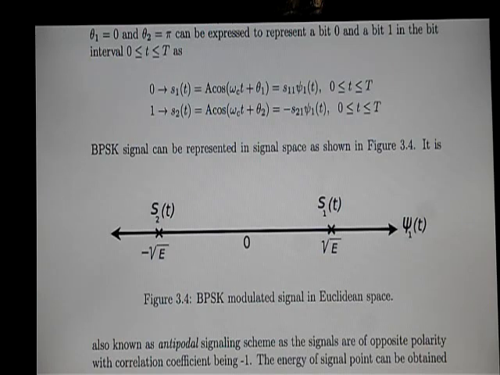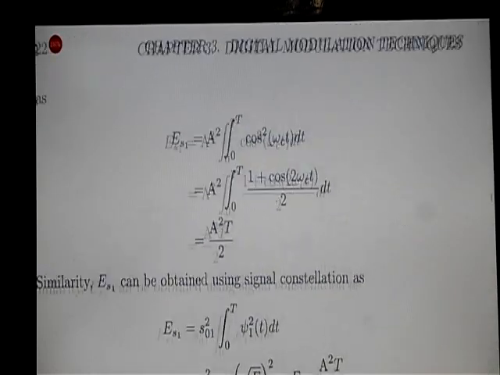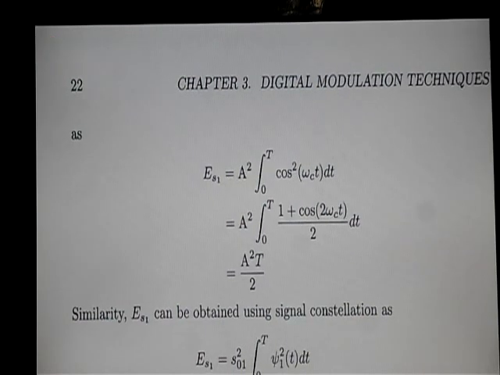You just need one basis function psi1 of t to represent both of these signals, and we did these calculations that the energy of the signal can be computed by just squaring the signal and integrating it in the given time 0 to capital T, which turns out to be A squared T over 2.